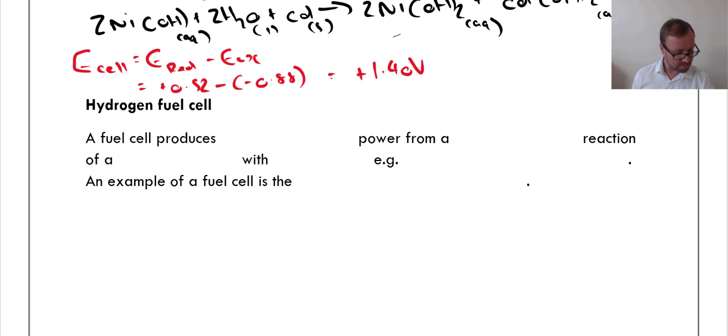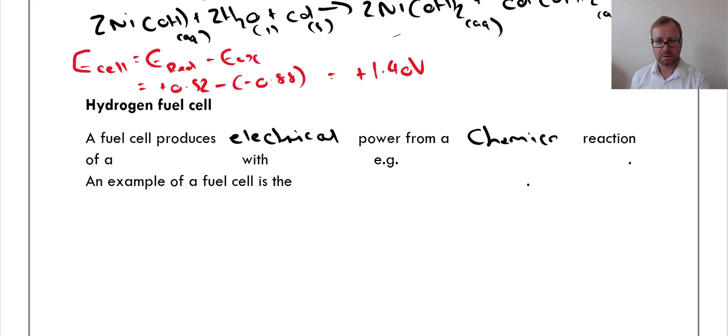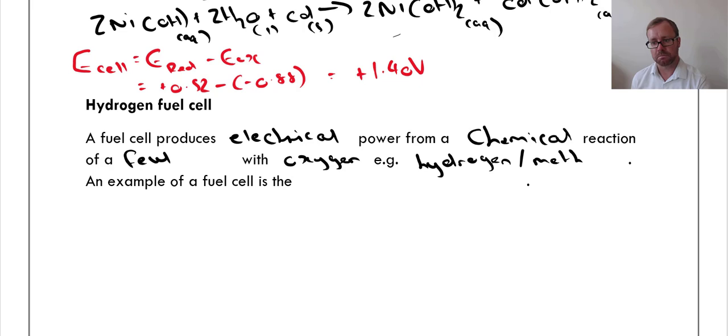So a fuel cell produces electrical power from a chemical reaction of a fuel with oxygen, for example hydrogen or, I don't know, methanol.